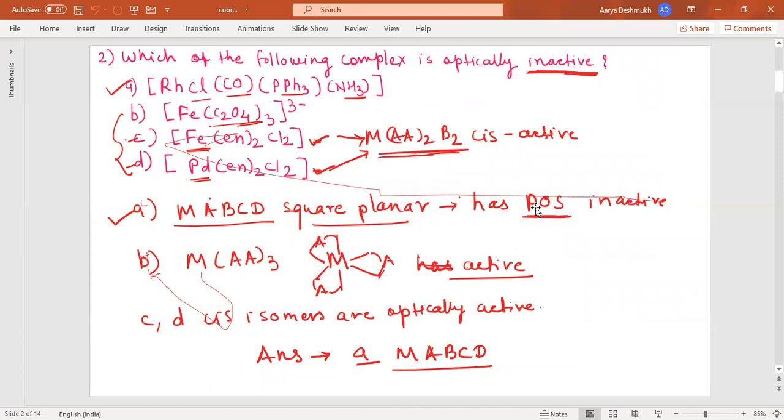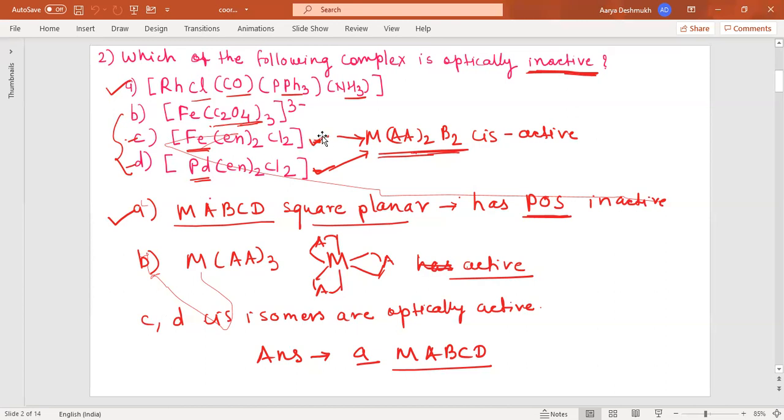So it has a plane of symmetry and it will be optically inactive. Okay. Now this is the second option. This is the type of the complex and it cannot be cut into two equal halves. So no plane of symmetry. This will be optically active.